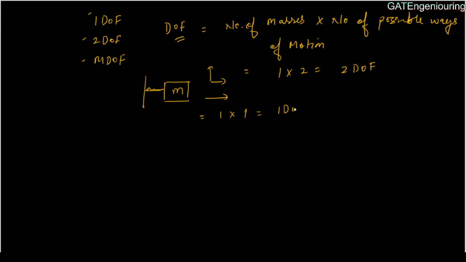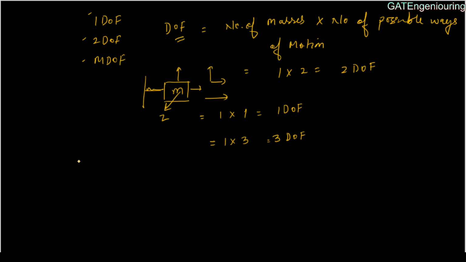So 1 degree of freedom. And if the same mass is able to move in the x direction, y direction, as well as z direction, that means a single mass multiplied with 3 possible ways, so 3 degree of freedom system. Okay, so 3 degree of freedom and 2 degree of freedom systems basically fall in the category of multi degree of freedom systems.